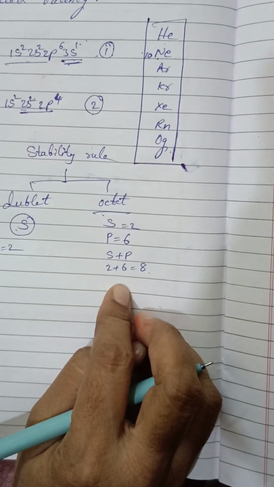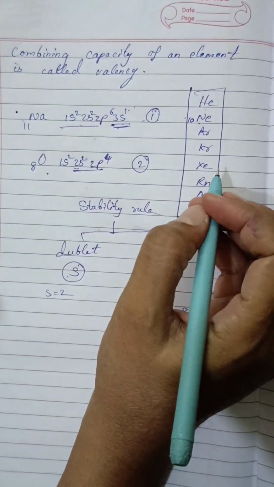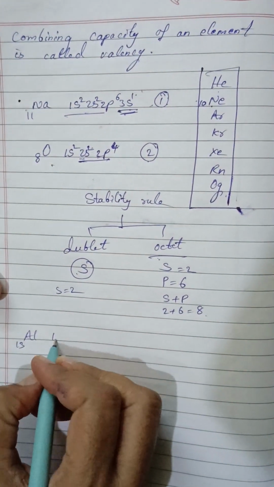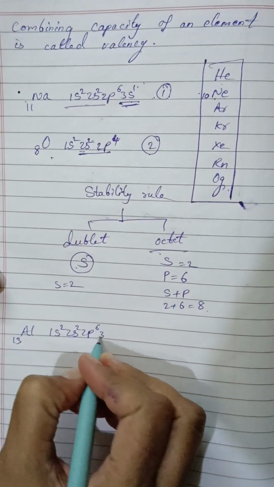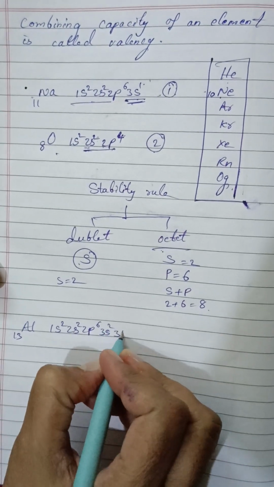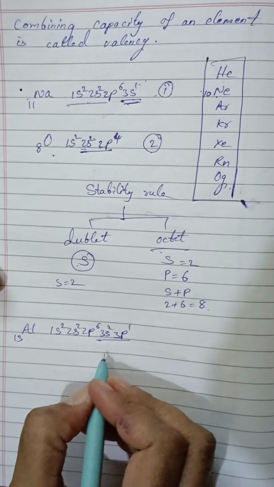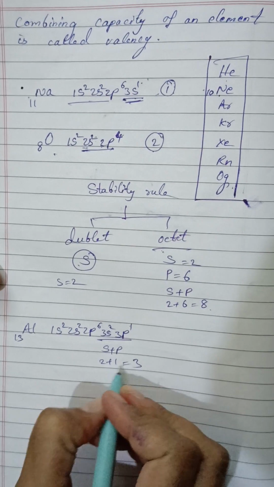Now let us see some more examples for valency. Aluminium's atomic number is 13. The configuration is 1s2, 2s2, 2p6, 3s2, 3p1. In the last we have the p orbital, so we see s plus p, that is 2 plus 1 equals 3.